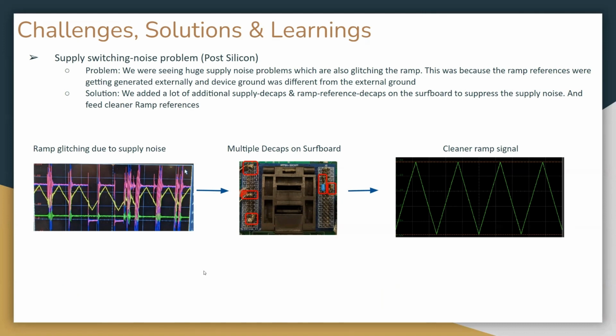The solution to it was putting a lot of decaps all around the surf board and the board, because the chip is sitting inside, and then there is a package, and then there is a surf board, and then there is the board, and the nearest decap that was placed earlier was very far from the chip. By putting these decaps as close to the socket as possible, we were able to suppress the noise a lot from earlier, and then we were getting a clean ramp and hence a clean output signal.